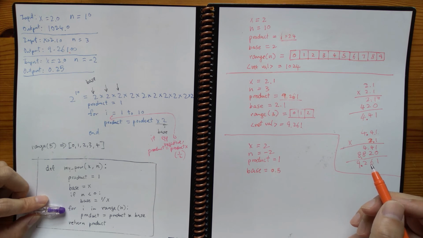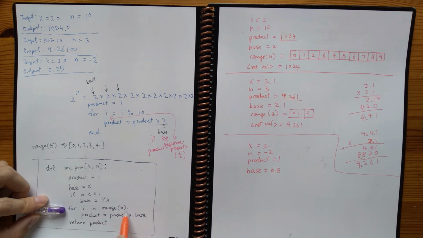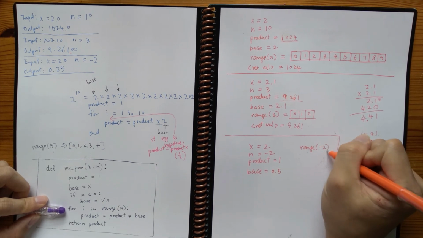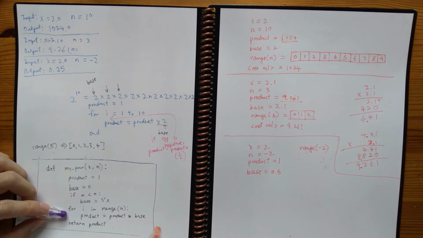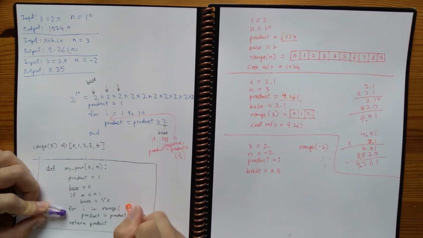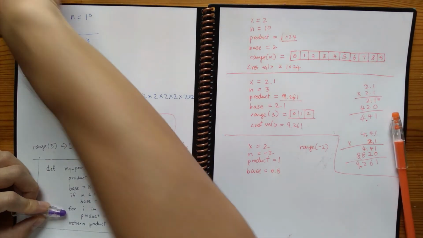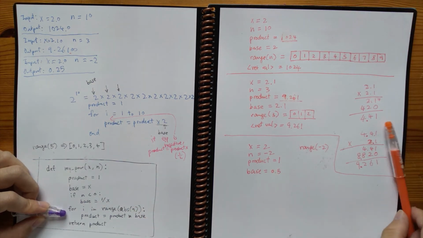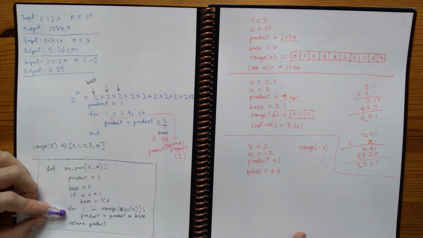There's a mistake, because this range of n is going to be range of -2, and I don't think that's what I want. I think I need to do an absolute value of n here. So I'm going to go ahead and do that. Okay. This is called just-in-time coding.